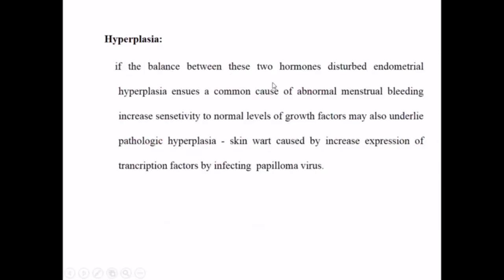If the balance between these two hormones is disturbed, endometrial hyperplasia shows, a common cause of abnormal menstrual bleeding. Increased sensitivity to normal levels of growth factors may also underlie pathologic hyperplasia. Also, skin warts are caused by increased expression of transcription factor by papilloma virus.